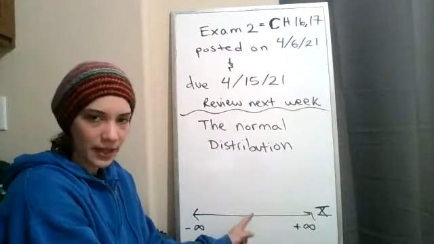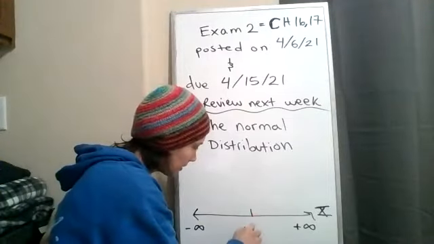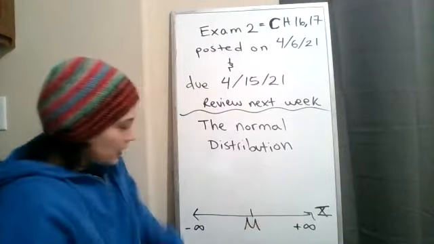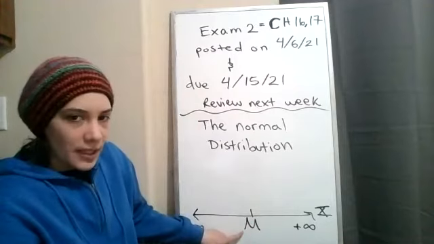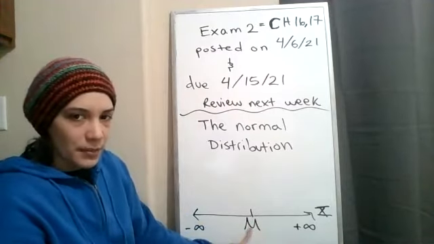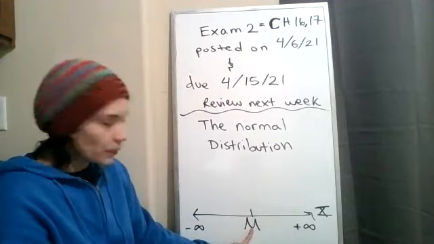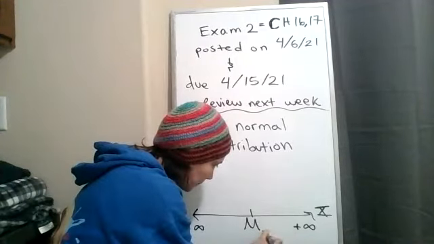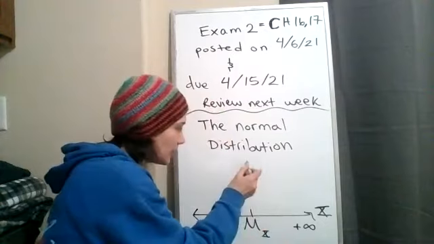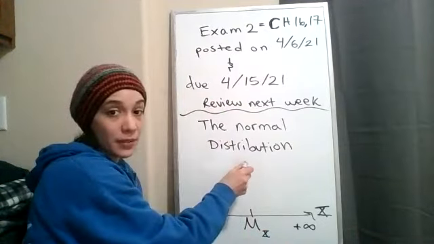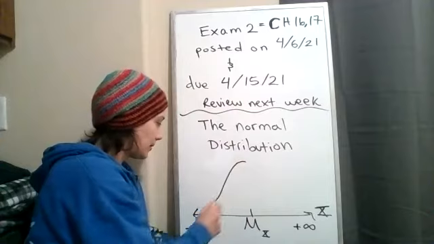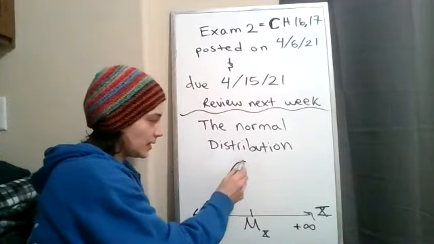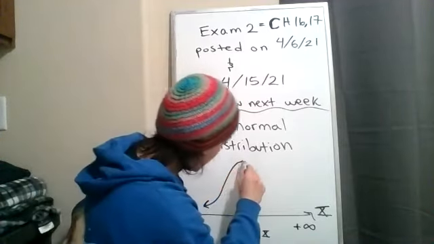So we're going to mark that part in the middle. Mean, I also like to put the subscript x, but the mean is mu, or mu sub x. Okay. Distribution has a peak above the mean, comes down, and it's symmetric, so the other side's supposed to match.